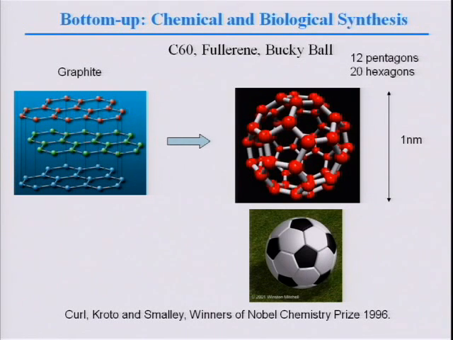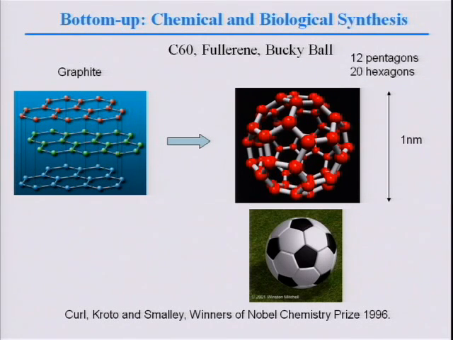One example is carbon-60. Carbon-60 was discovered by these three people, who won the Nobel Chemistry Prize in 1996. Take a graphite structure; graphite has a layer-by-layer crystal structure.